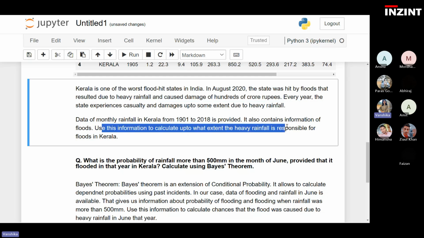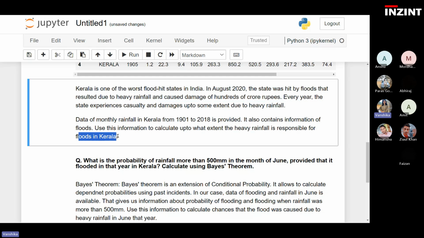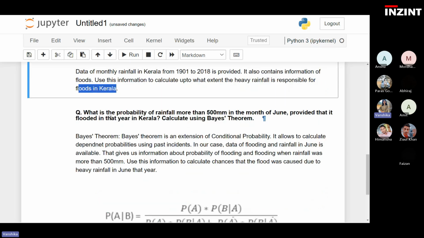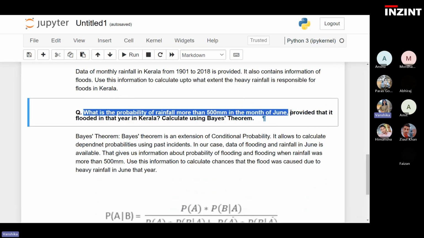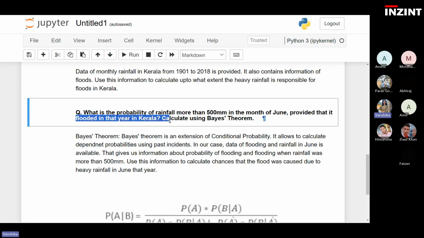We have to use this information to calculate to what extent heavy rainfall is responsible for floods in Kerala. Dependence of flood on rainfall in Kerala. So the problem statement that we have to solve is the probability of rainfall more than 500 millimeter in the month of June, provided that it had flooded in that year in Kerala.